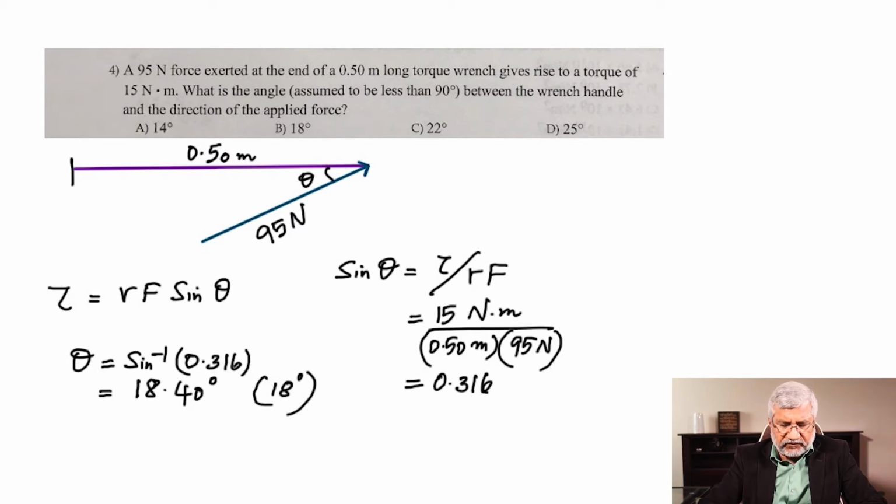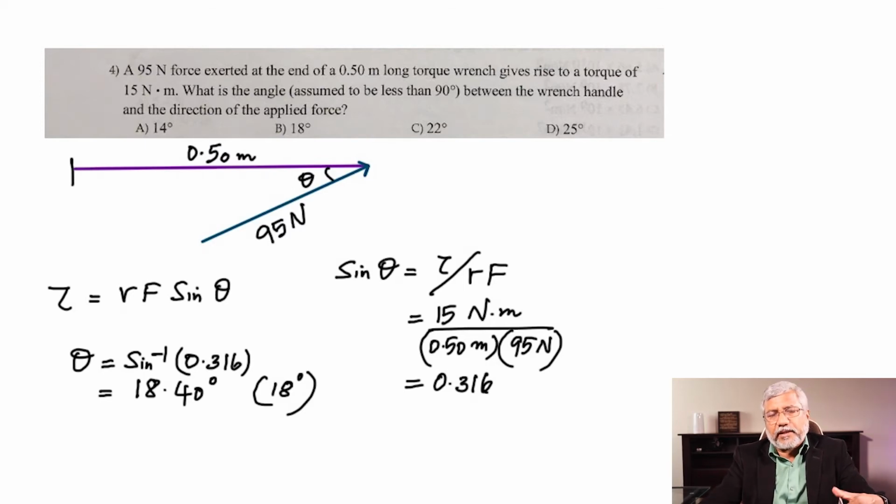That is the kind of diagram that you get. You're applying this force at an angle less than 90. The distance is 0.5. So this is where it's turning. That's the axis of rotation.